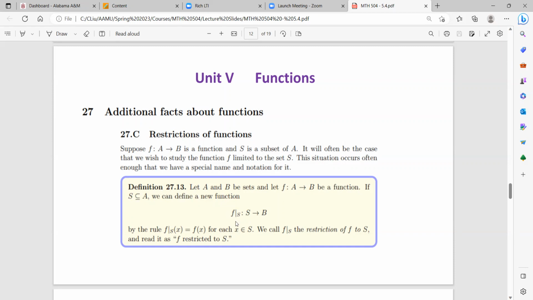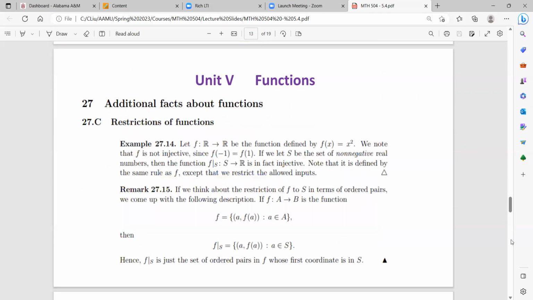You use a vertical line with subscript S to mean this function is a restriction of the function f to S. Obviously the rule is just f of x, the same function we started with, but x is confined to the subset S instead of A. So we call this new function the restriction of f to S, and you read it as f restricted to S. When you see this notation, you should know that's what it means.